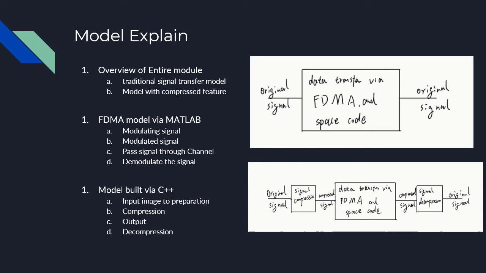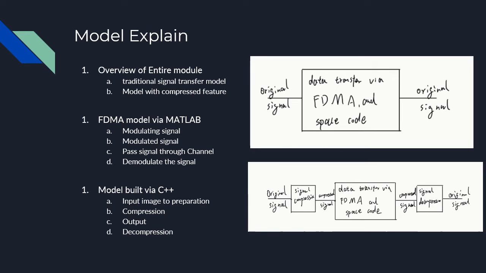For the FDMA module, we have 4 steps. The first is to take the signal, which comes from the compressed signal. The second is to modulate this signal, which will send the modulated signal to the channel.